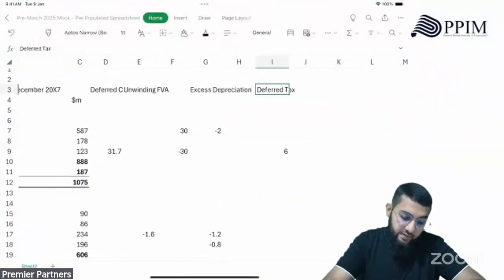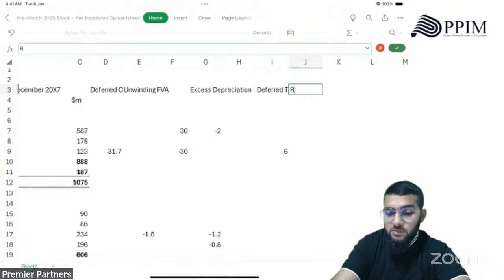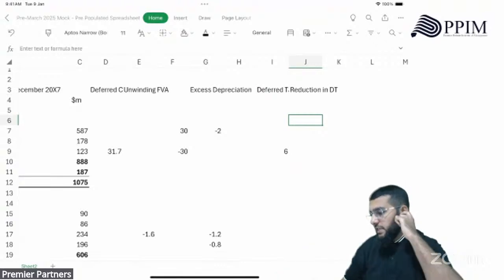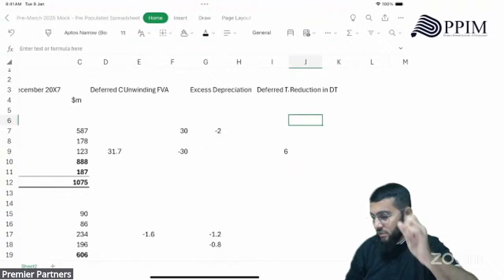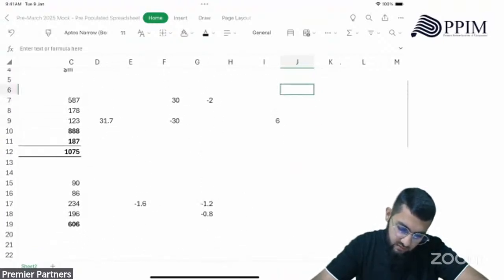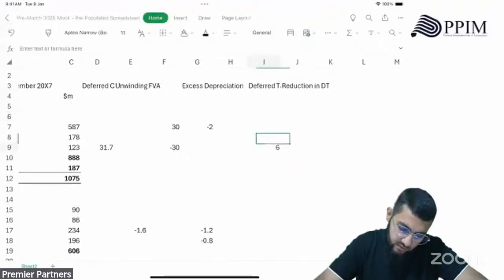Because we're doing it at the year end, we have to make all those adjustments. Reduction in deferred tax. So when there's a reduction in deferred tax, what are the areas where we'll be seeing the implication? So that's going to impact our deferred tax.